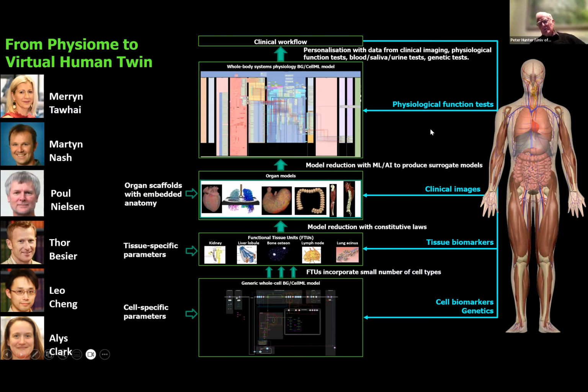And what this is trying to do is to have the ability to link data from across different levels, from blood biomarkers through to clinical images for MR, etc., through to physiological function tests, up to in order to integrate the data sets that are associated with making a diagnosis for a given individual.